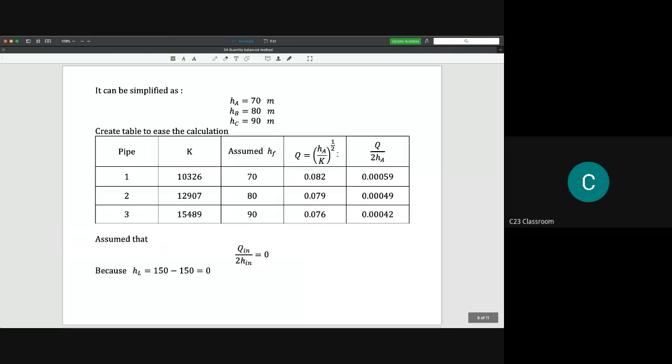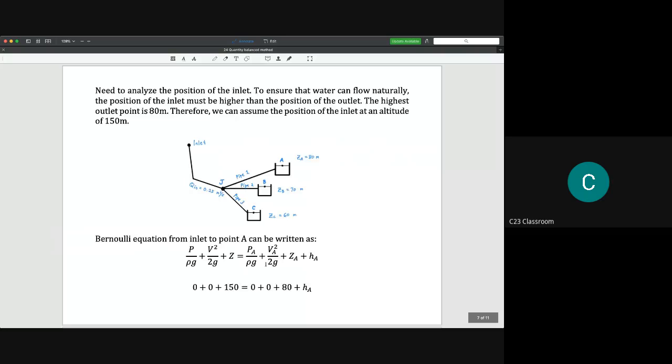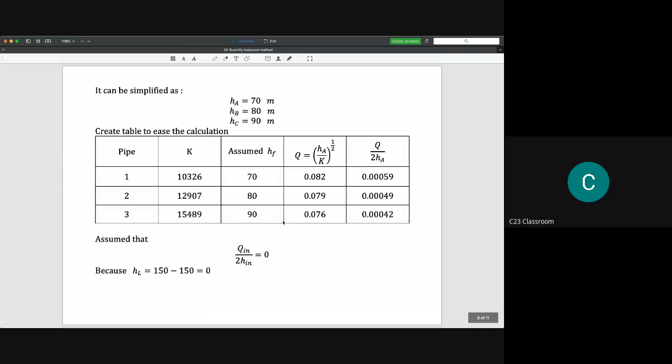So this means that you need to calculate here. First, you need to imagine that the inlet here is 200 meters, and then you subtract 80 meters here. Then you could have this kind of table.